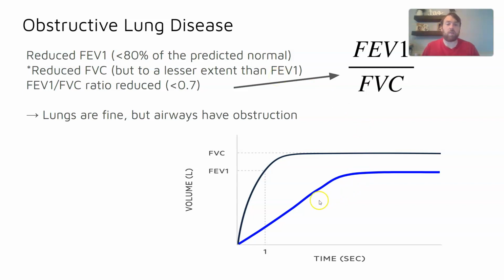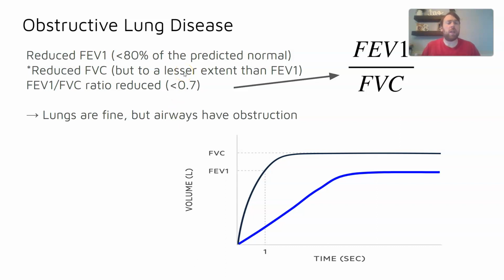In fact, we could have an FVC that matches a normal forced vital capacity of someone who does not have an obstructive lung disease, because that person might be able to draw in enough air and breathe out enough air, but they wouldn't be able to do it as quickly because they have something obstructing their airways. The lungs are fine in this case. They might be just peachy keen, but the airways are causing an obstruction in flow that doesn't allow the air to get through as easily.